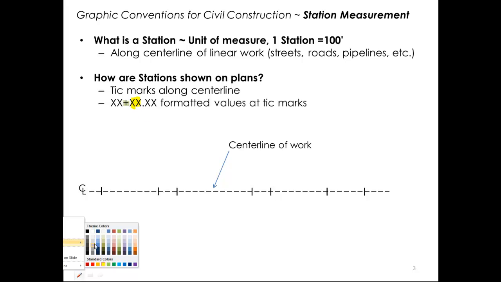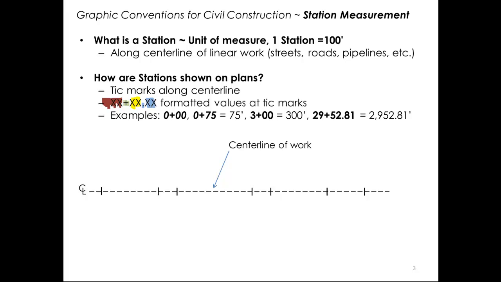Optionally, we can insert a decimal place, and to the right of that decimal place we can show any value up to and including 0.99 feet. To the left of the plus sign, we can show values in hundreds of feet, thousands of feet, and if necessary even 10,000s of feet.